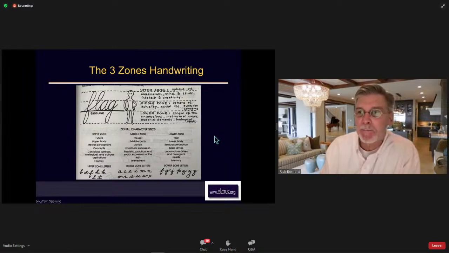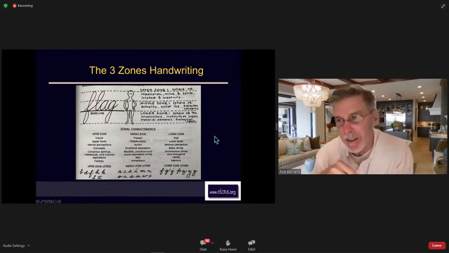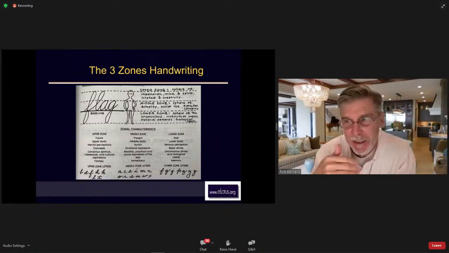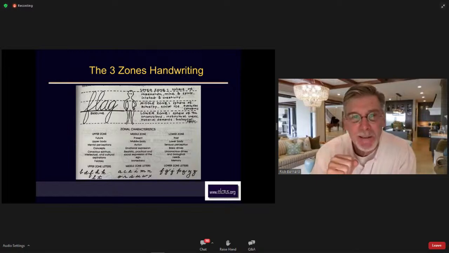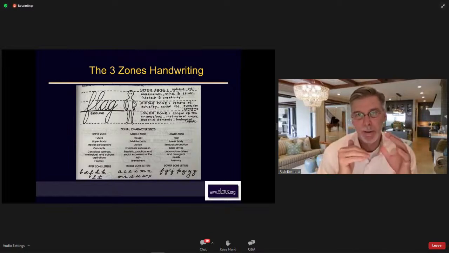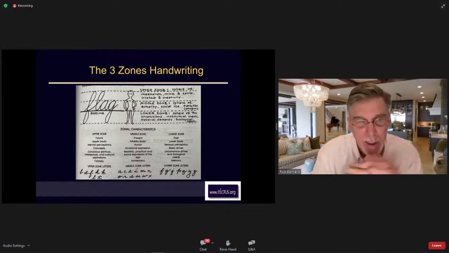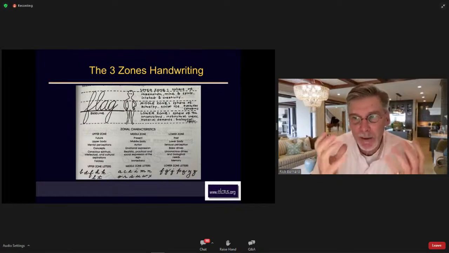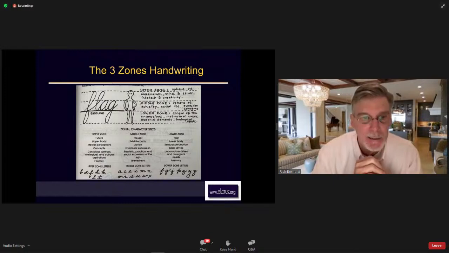Because handwriting is not just handwriting, they call it brain writing. It really reflects your brain patterns, what's going on inside your head. And there are different zones when you handwrite. You want to look at all three zones. Now, the upper zone has to do with more thinking, mental stuff: ideas, ideals, fantasy, dreams, concepts.